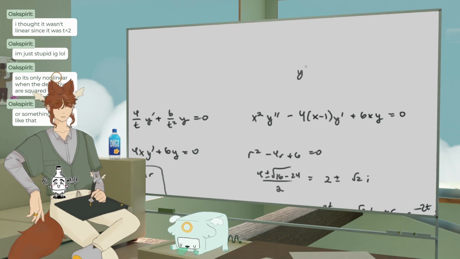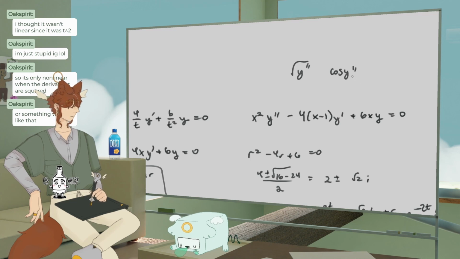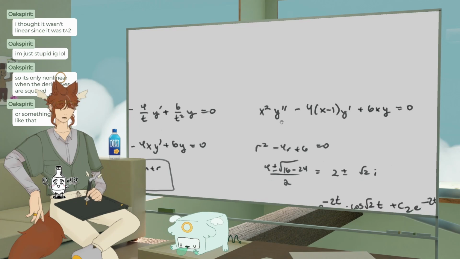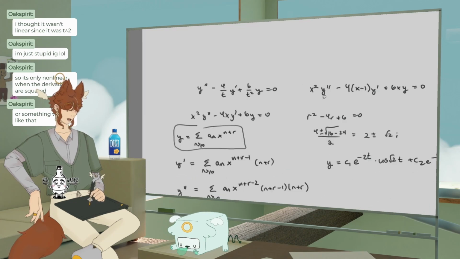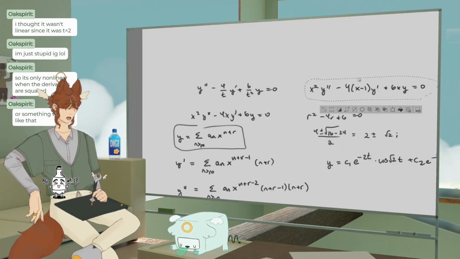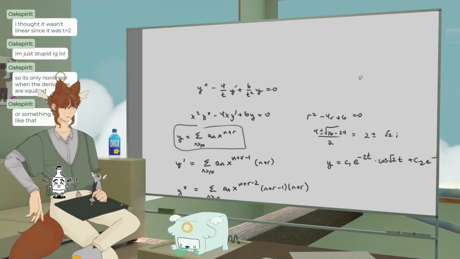If you had the square root of y, or the cosine of y double prime or something like that, then that is when you are absolutely borked and you can't do linear. And you have to just cry and hope someone else has already solved the problem, because that stuff is hard.